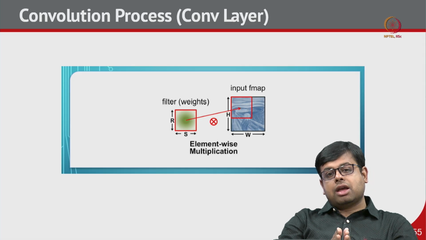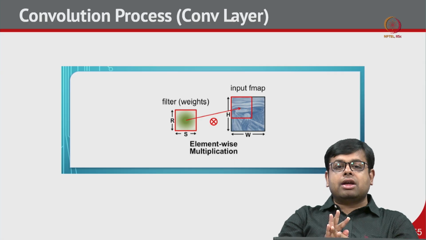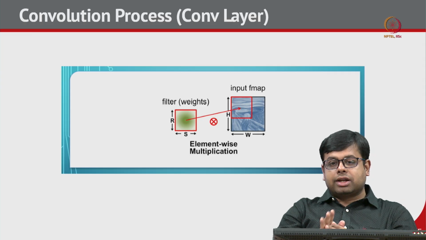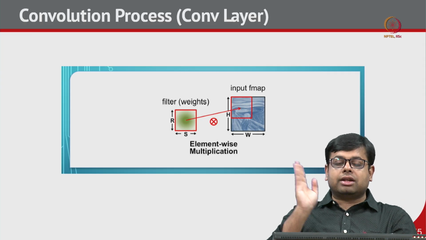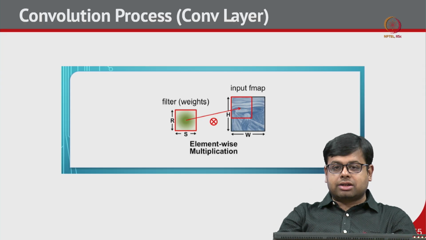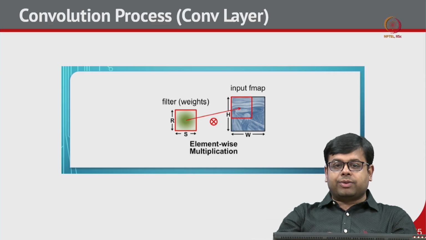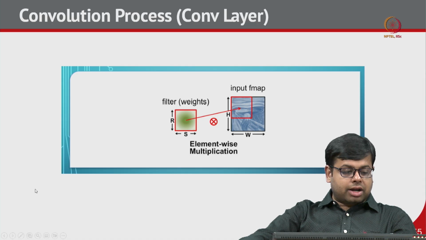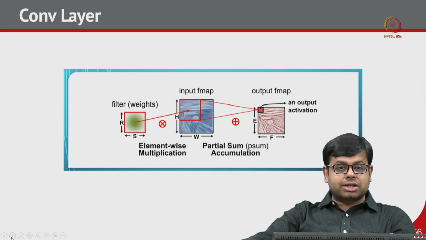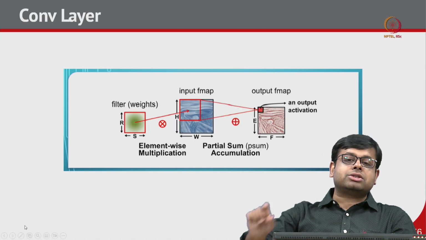Once we project it, we perform the element wise multiplication. Let us say the filter weights are nothing but A1, A2, A3 etc., and the image pixels are P1, P2 etc., then we will perform A1 P1, A2 P2, A3 P3 and so on and so forth. That is the element wise multiplication, and the next step is to add.